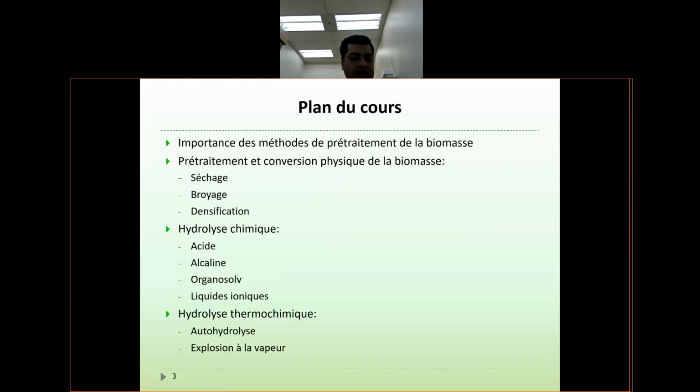So when you are dealing with solids, there are some steps that you have to do. You have no choice. There are some steps that you have to do to make that solid ready for the next steps.